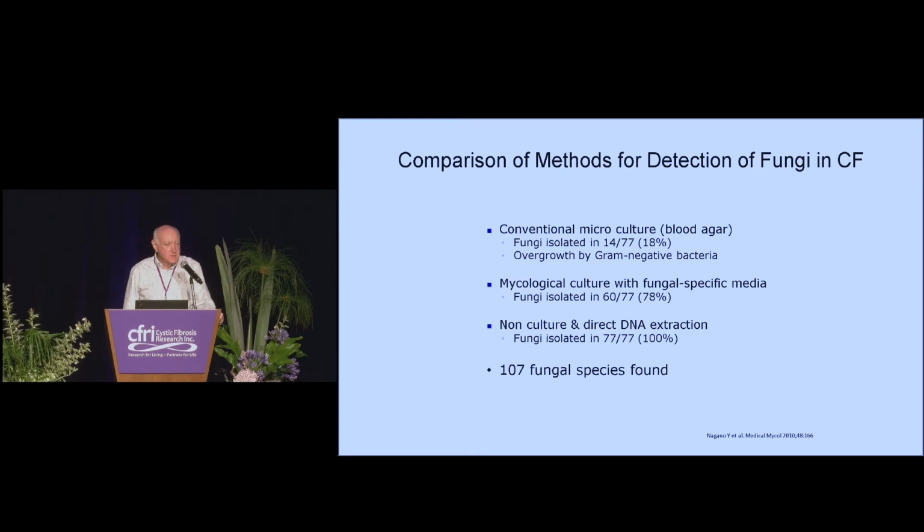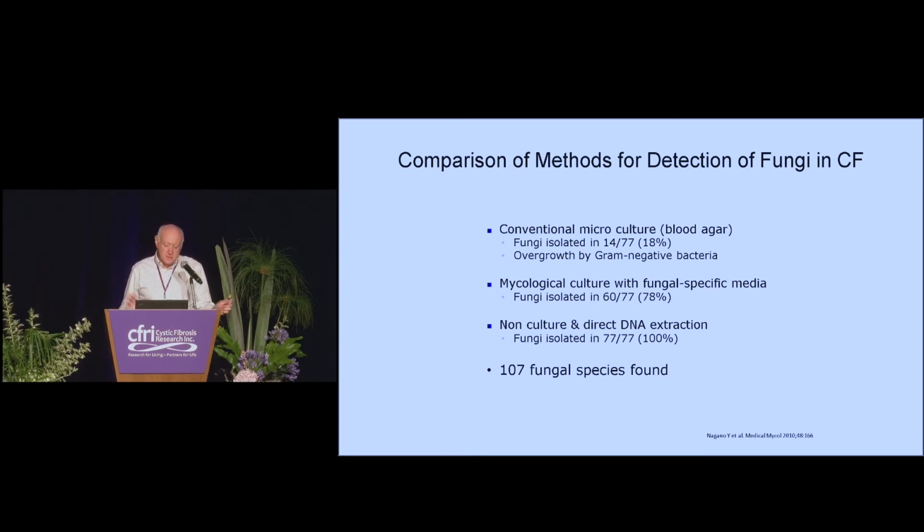And in many cases, they noted there was overgrowth of bacteria because this particular culture media encourages the growth of bacteria more so than fungi. But if you use a specific fungal culture medium, you go from 18% way up to 78% in this same sample. And if you do DNA detection, you can find it in every single case.